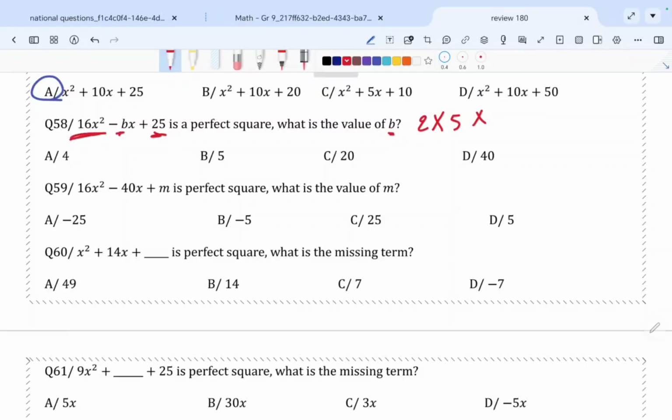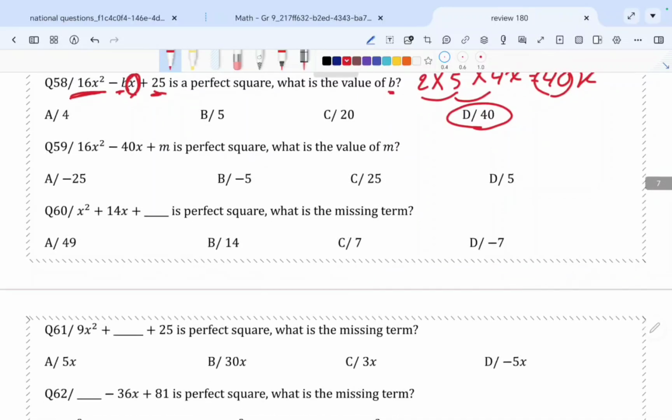What's the square root of the first term, 16x power 2? It will be 4x. 2 times 5 is 10. 10 times 4 is 40. And we have x. We just need the number, so it's 40. What's the correct answer? 40. 40x is the correct answer, but they wrote x, so we just need to find 40.